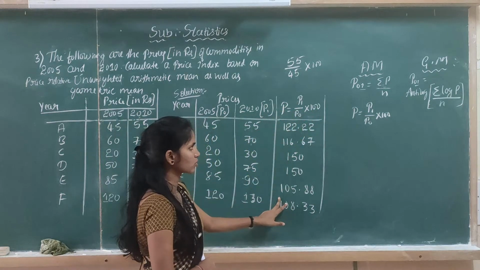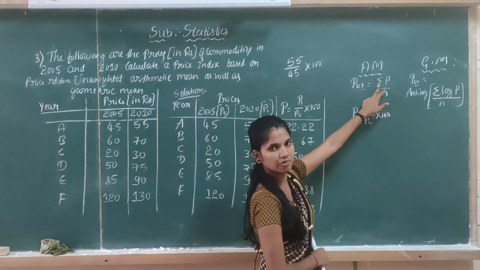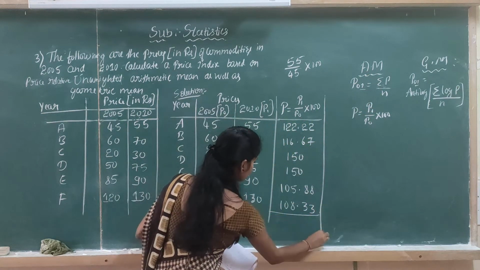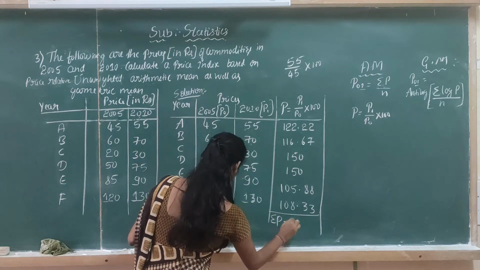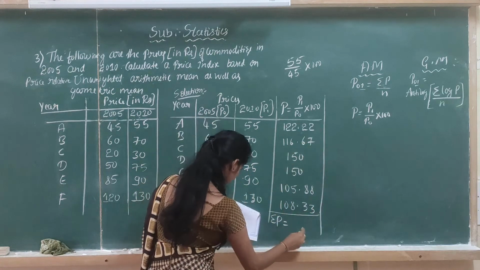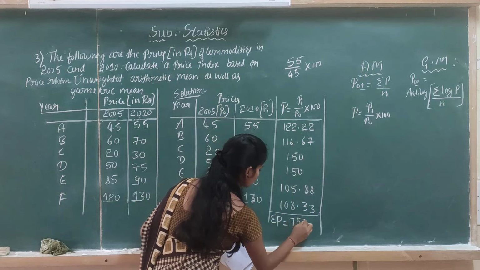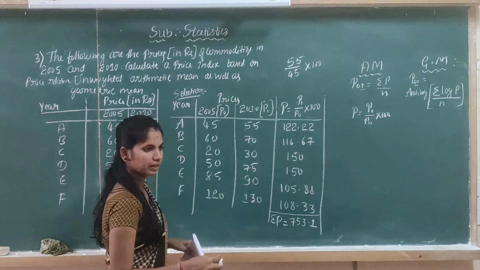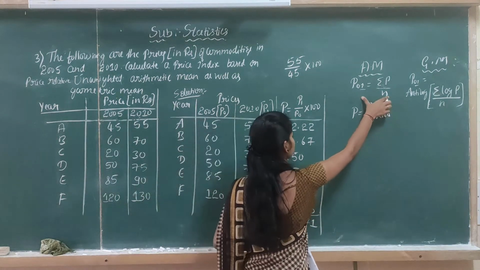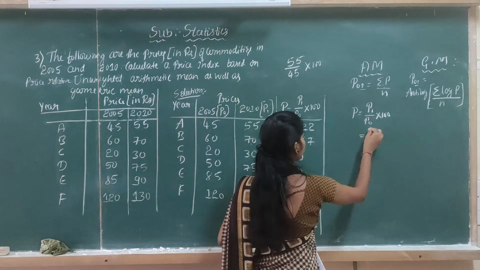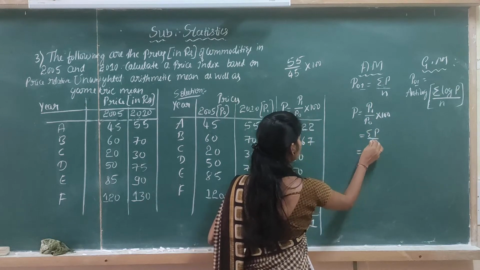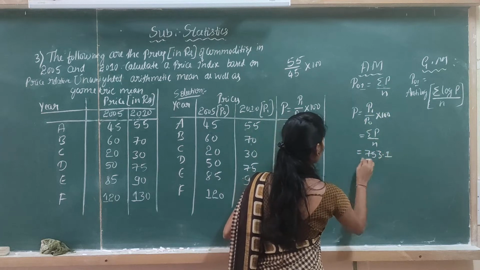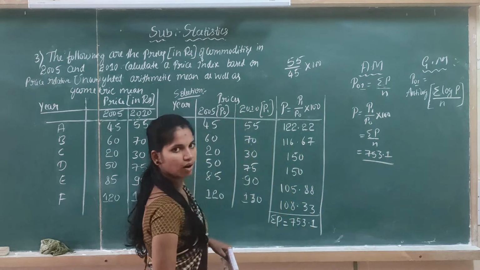Then total the values, because we need the summation P for the arithmetic mean. So summation P equals the total of the values. The total is 753.1. Then apply these values to this formula, summation P divided by N. So summation P equals 753.1 divided by N. N is nothing but the count of numbers.